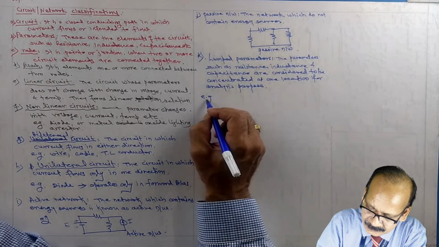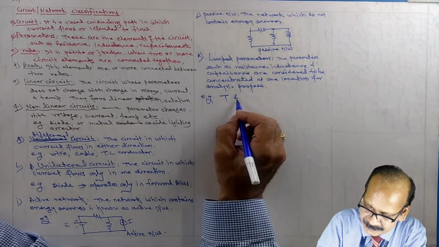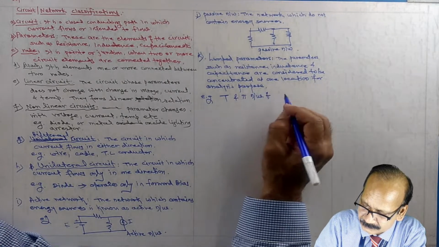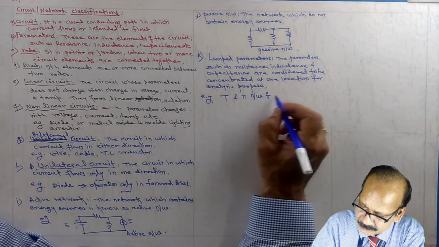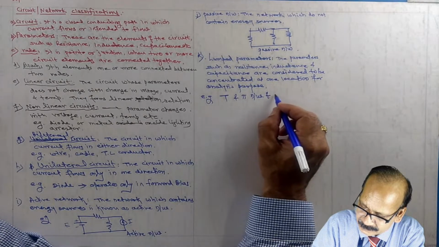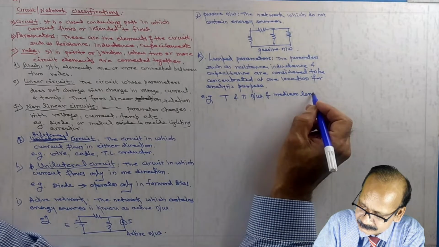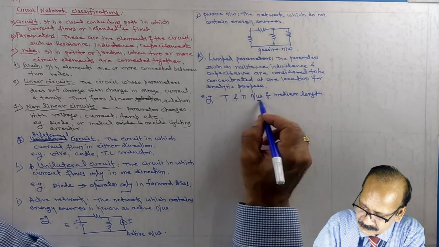For example, the T and pi networks of a medium length transmission line.